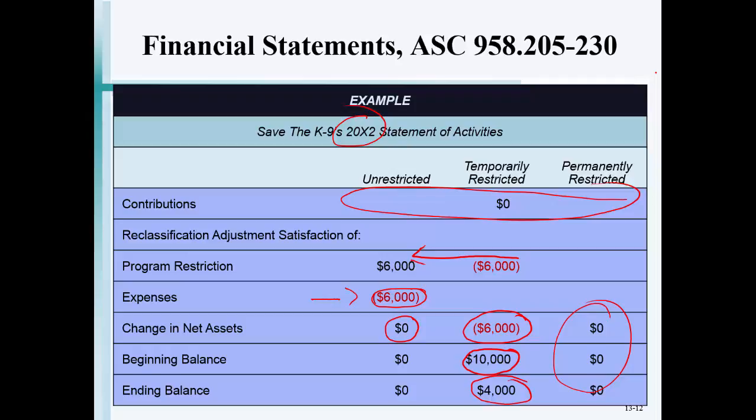Okay, and so now when we look at our change in net assets, we are what? Zero in unrestricted because it came up by the reclassification. It came down by the what? By the amount of the expense, right? What about our change in net position for our temporary restricted? It came down how much?